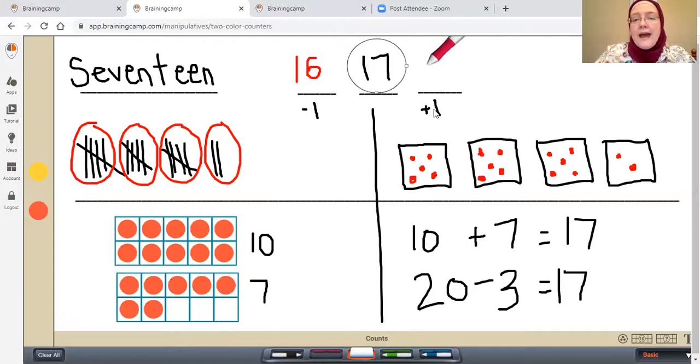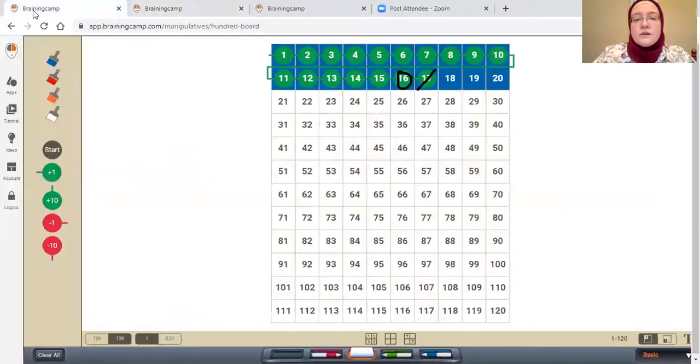Now, what if I added 1 more to 17? What would I land on? Just think. As you're jumping, what would be the next number? Let's go ahead and take a look at the 120 chart. Okay, so this time we're not taking something away. We're actually going to add 1 more.